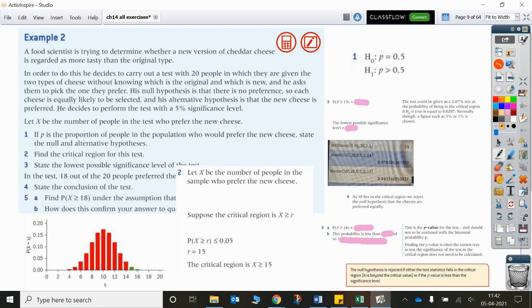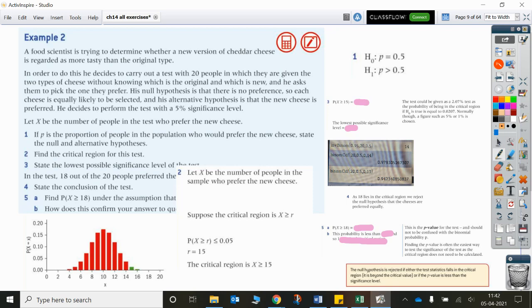It's not going to be 6% significance. So in other words, we need to find this value down here somewhere, which gives us less than or equal to 5% when we're looking at a cumulative probability from that value onwards.